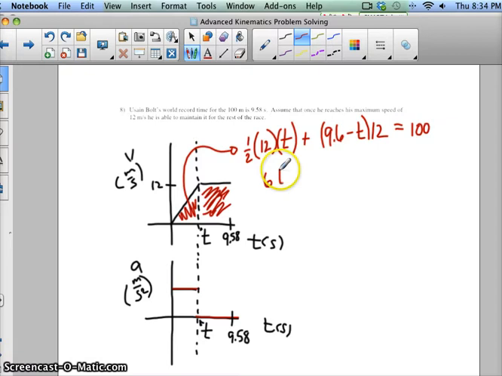So this becomes 6T plus 9.6 times 12 is 115, I believe, minus 12T has to equal 100, right? So that's nice. There we go. On the left side of the equation, I get minus 6T.